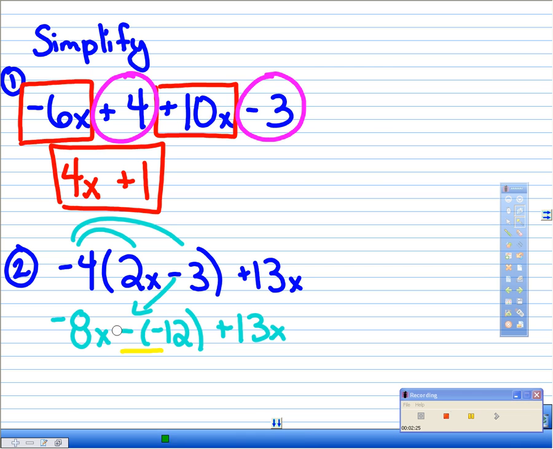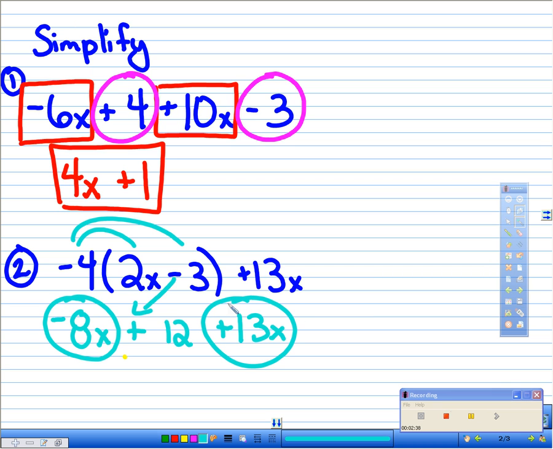So I would just erase this and change that into a positive. It'd be easier for me to understand this problem. I look, and now I can put this, -8x, with the positive 13x, which is 5x. 5x plus 12, because you can't combine the 12 with anything.